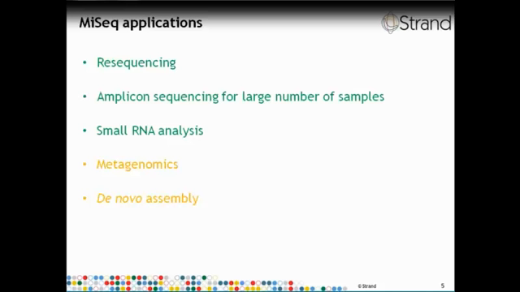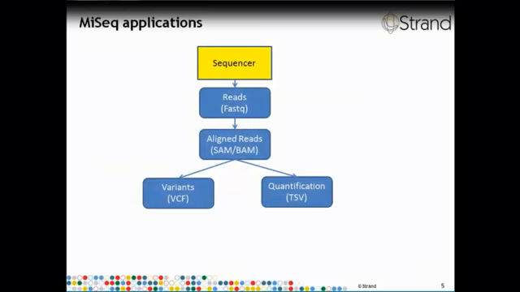Some of the sequencers also include additional application-specific software, whereby they can detect the variants with regard to a reference genome and output the DNA variants in the form of VCF files. Or in the case of RNA-seq or small RNA-seq experiments, they may analyze the alignment across the genome in the context of annotations and generate a quantification result which is in the form of a TSV file.